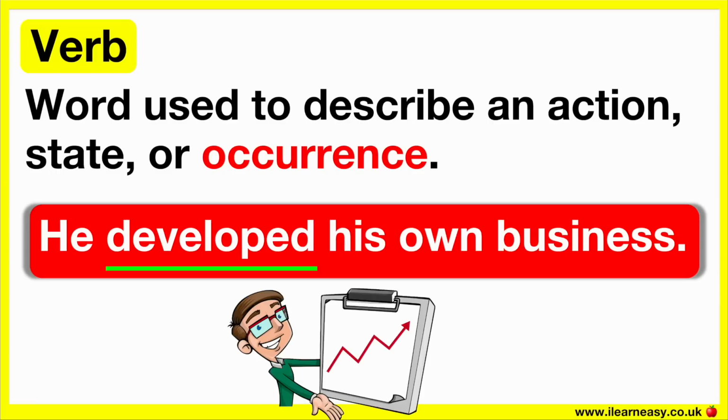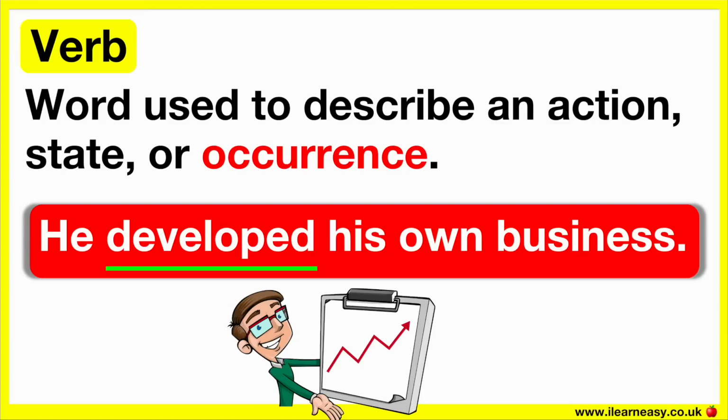The verb in this sentence is developed because it's used to describe something that happened. The tense of the verb will change depending on when the action takes place. This can be in the present tense, past tense, or future tense. In this example, the verb is in the past tense.